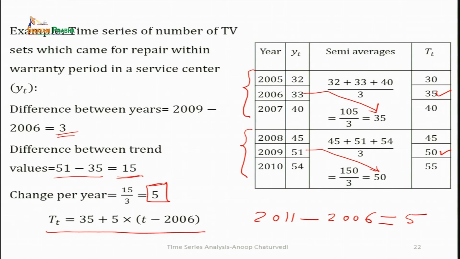So, t minus 2006 is 5. The estimated value of Tt for 2011 is equal to 35 plus 5 into 5. So, it is quite simple.